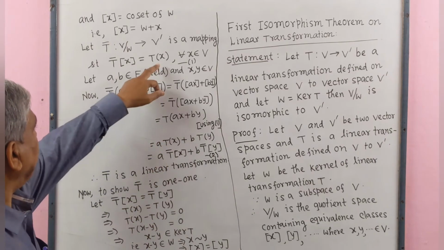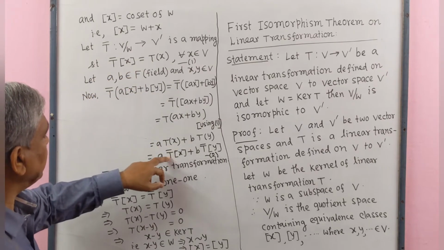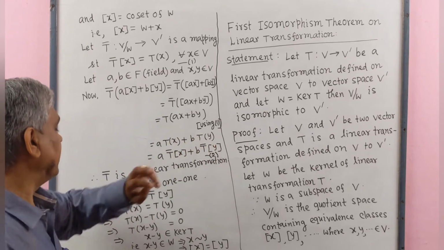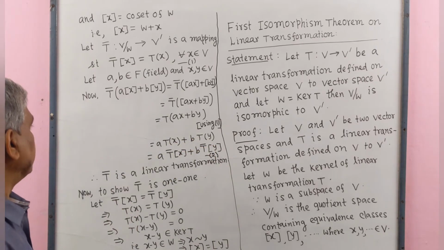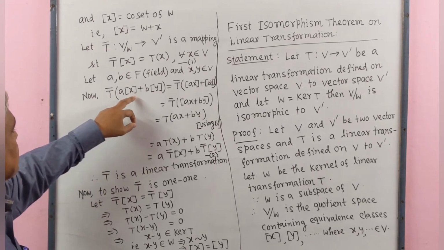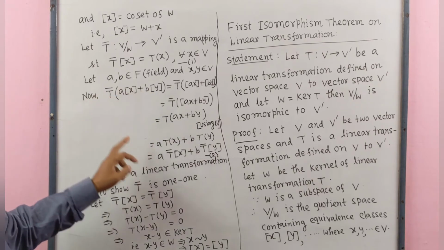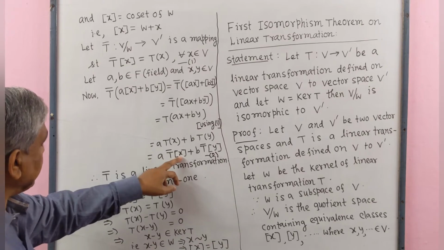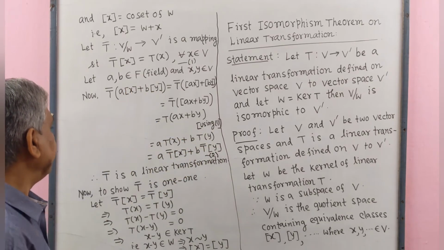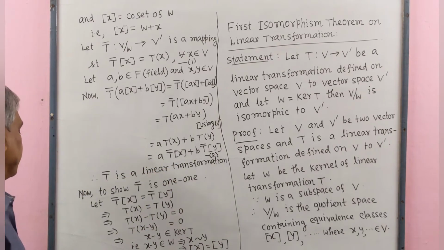Since Tx equal to T bar of class X and Ty equal to T bar of class Y, this is number 2. Therefore, we get T bar of class AX plus BY equal to A T bar class X plus B T bar class Y. That means T bar is a linear transformation.